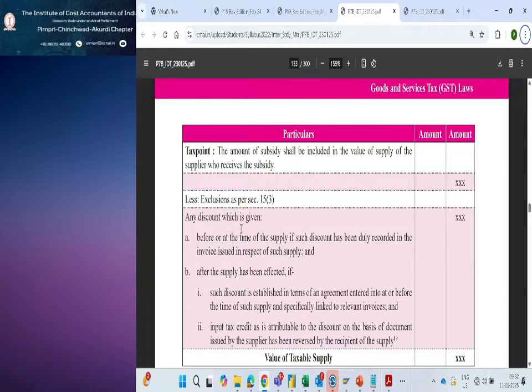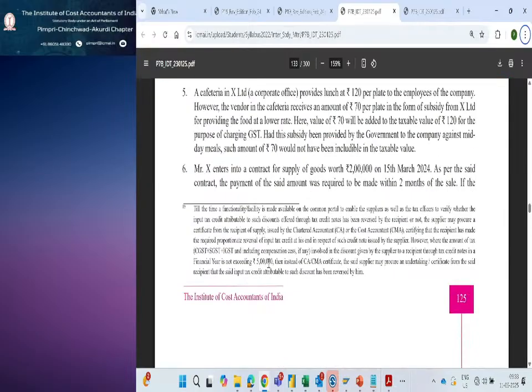Hello, Swapnil, you are speaking something. Can you please ping me? I am not able to hear you properly. Yes, on chat, please, because your voice is not audible, Swapnil. Yes, ma'am, I'm sharing the question.